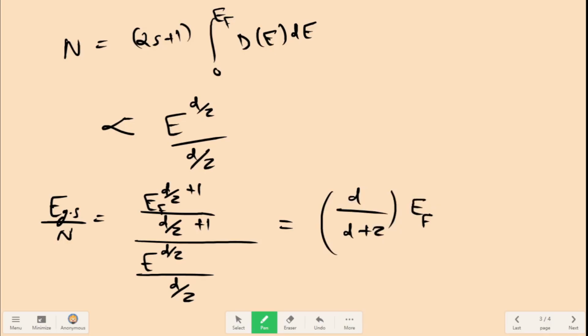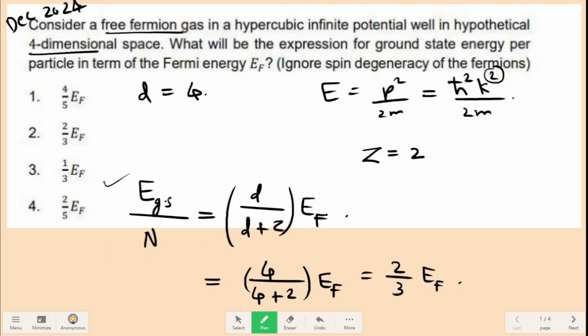Here these energies are EF after putting the limits of integration. So this is how we derive the formula for total ground state energy per particle, and this relation is used in this problem.